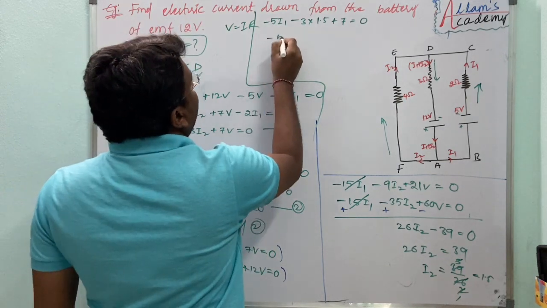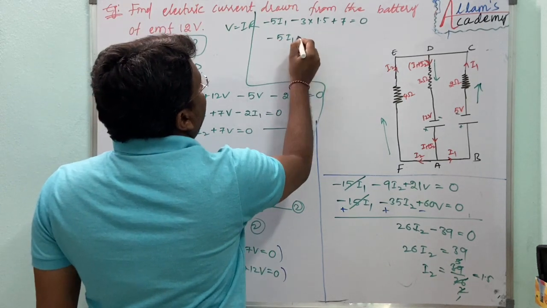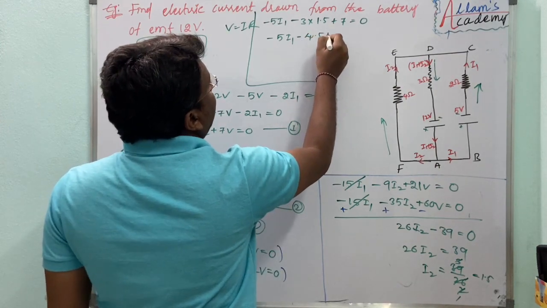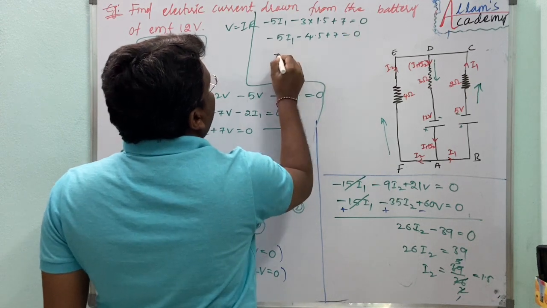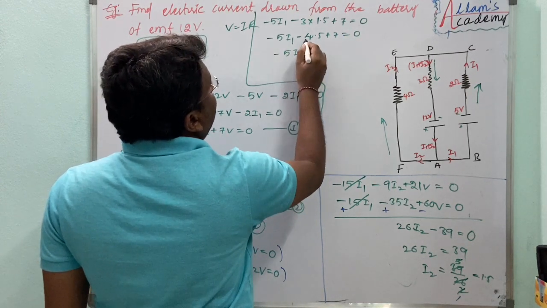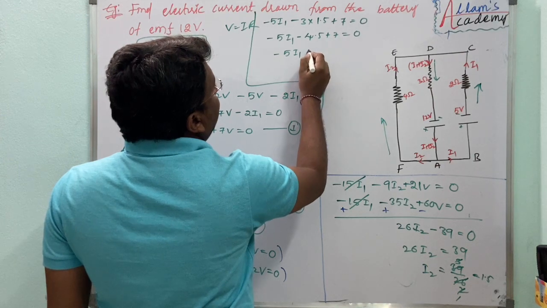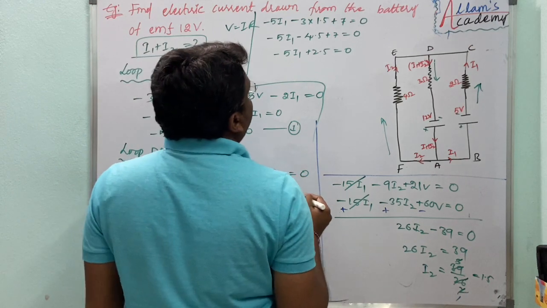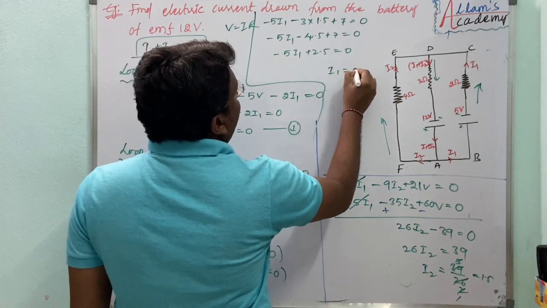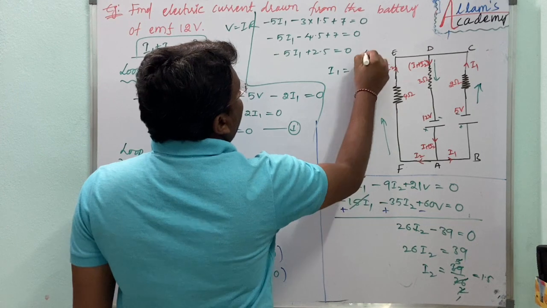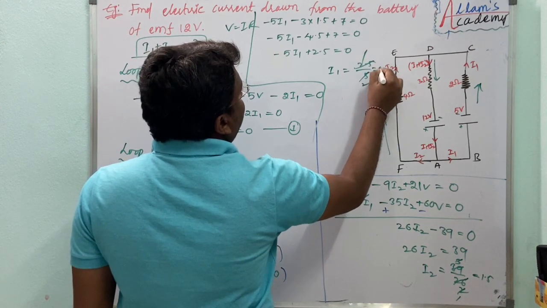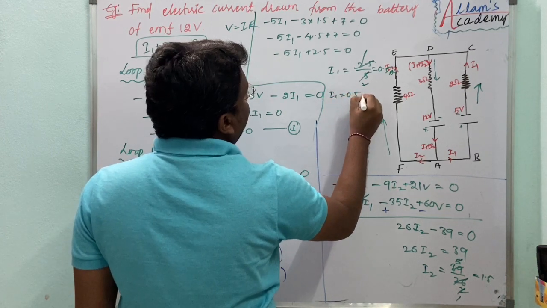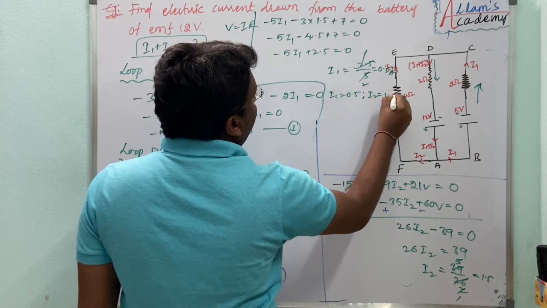Minus 5 I1 minus 4.5 plus 7, then it becomes 2.5. So I1 equal to 2.5 by 5, which is 0.5 amps. Therefore I got I1 equal to 0.5 and I2 equal to 1.5.